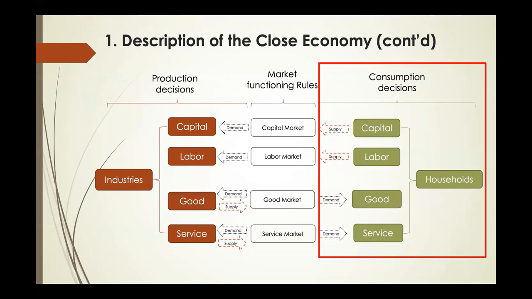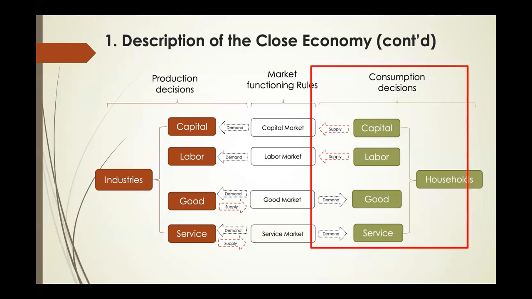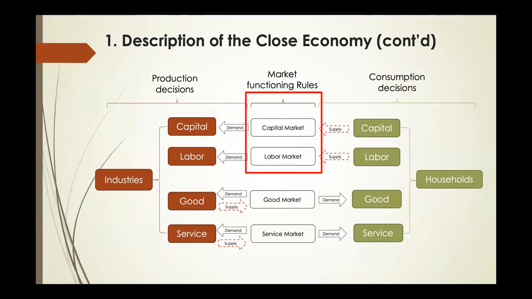In the middle, household supply of capital and labor and industries' demand for capital and labor pass through the factor markets. We have 2 factor markets here, the capital market and the labor market.